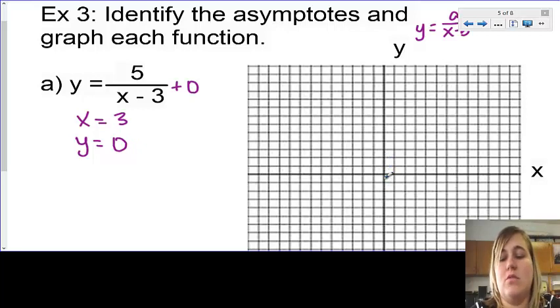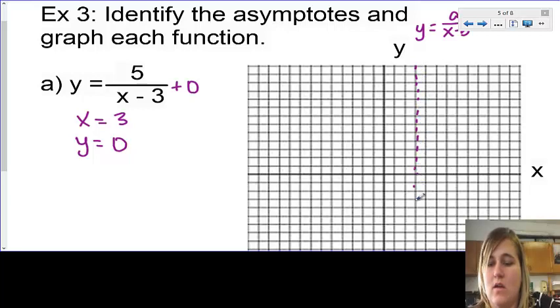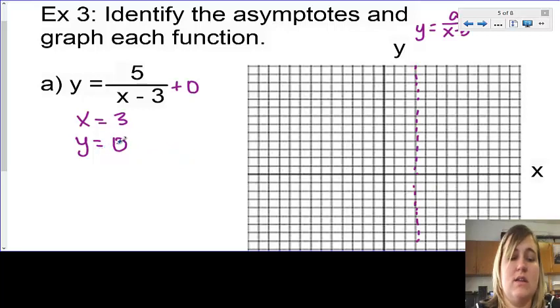So x is equal to 3 right here, so my asymptote is going to go like this. My horizontal is at y is equal to 0, so it goes like this.